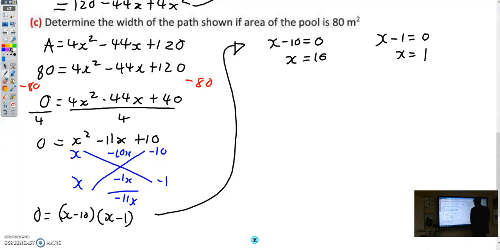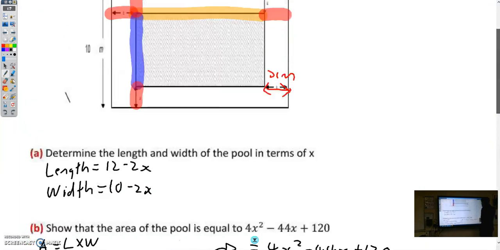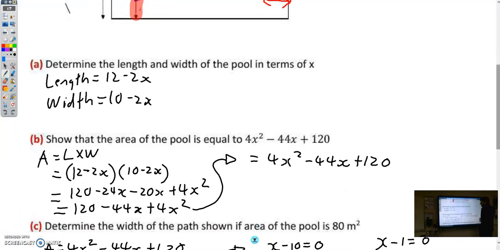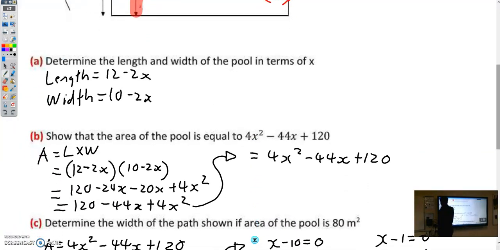Now, both of these values are positive, so you might be inclined to give both as your final solution, but you must always check feasibility against what we have. So we have the width is equal to 10 take away 2x. Now, width cannot be negative, which means that 10 take away 2x cannot be negative.